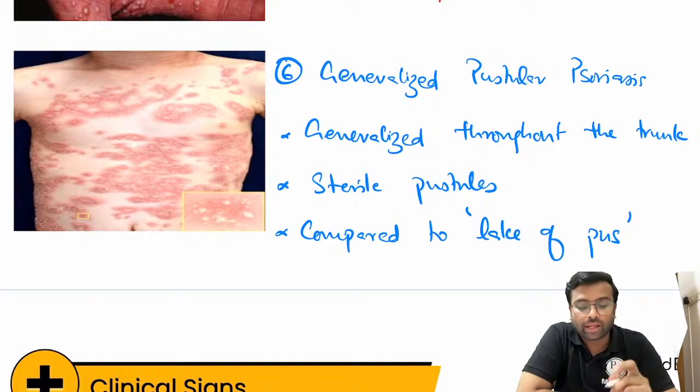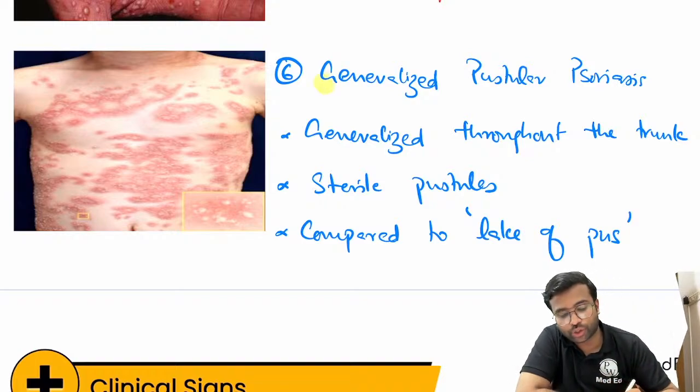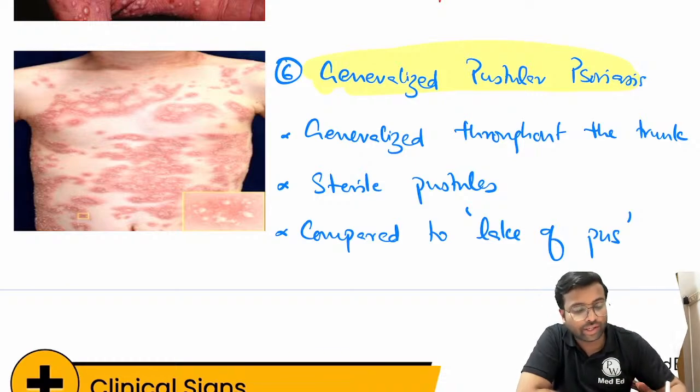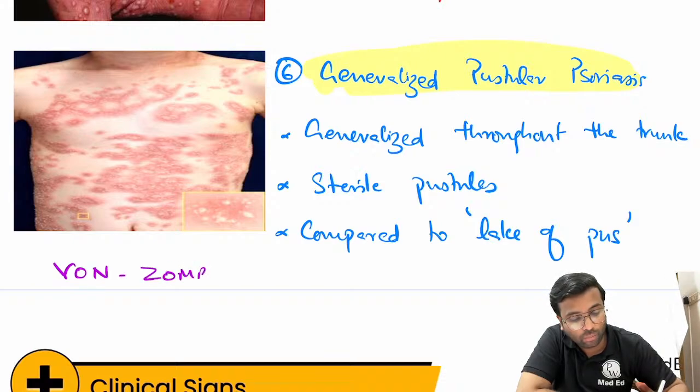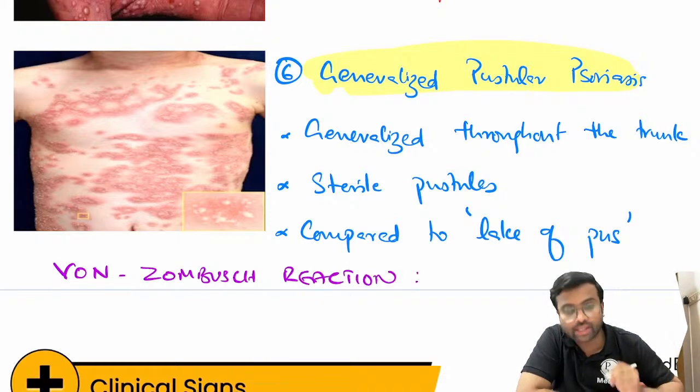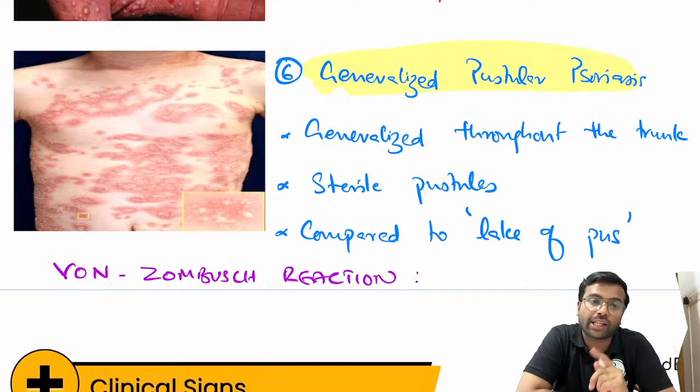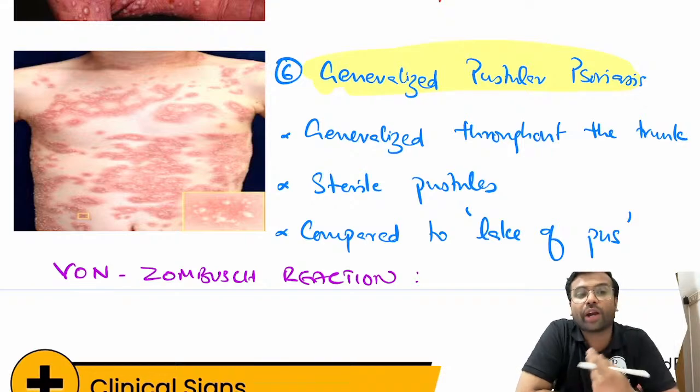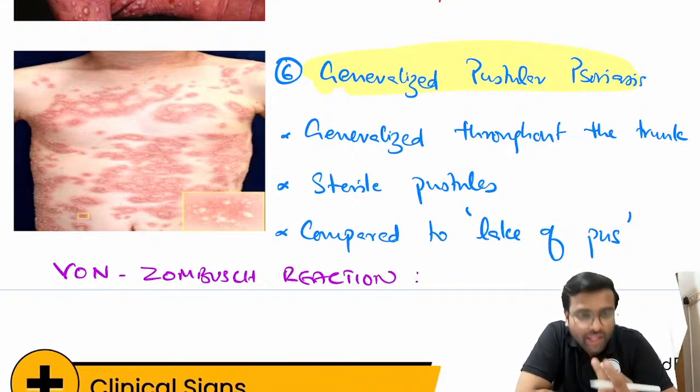Now remember that generalized pustular psoriasis also has one more name, and that name is also important. This is called the von Zumbusch reaction. So this is another name of generalized pustular psoriasis. So why do we call it a von Zumbusch reaction?